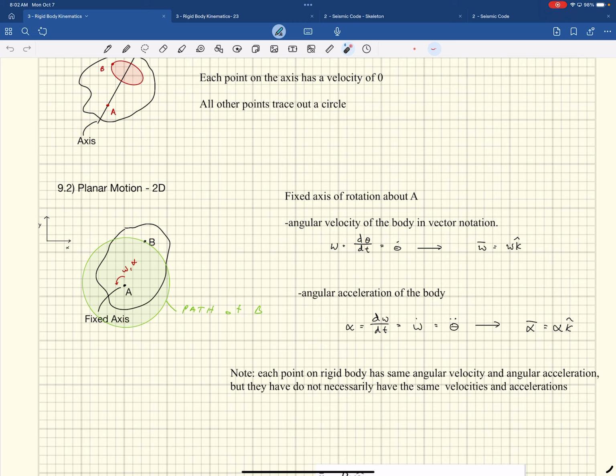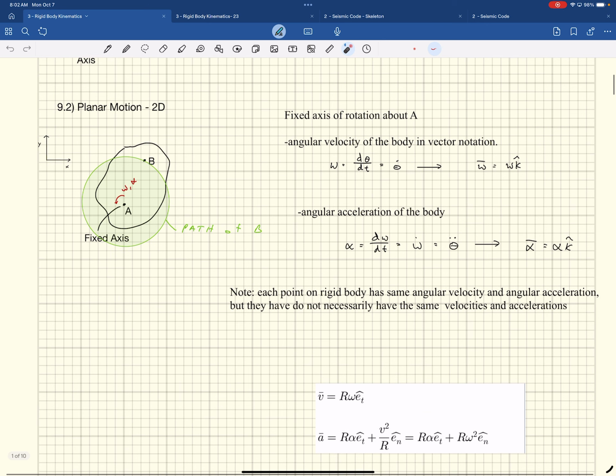It's a little weird to think about, but it's like the axis that omega is rotating about. That's the easiest way to think about it. If it's rotating the other way, then your thumb would be going into the board, and that'd be a negative omega. Alpha, the same thing. The axis in which the omega is changing about can be determined with the right-hand rule.